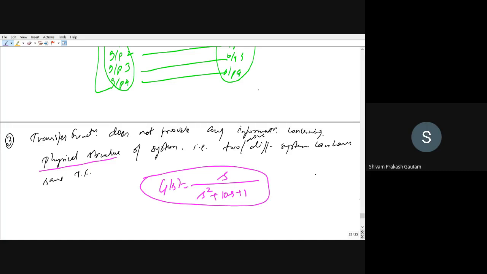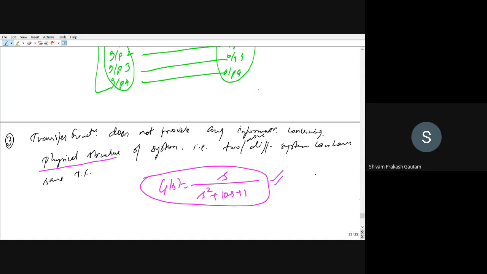Even if you can determine that it is an electrical system, you cannot be sure whether it is a parallel RLC, a series RLC, or what kind of connections are there. So just looking at the transfer function, you cannot predict the physical structure of the system.